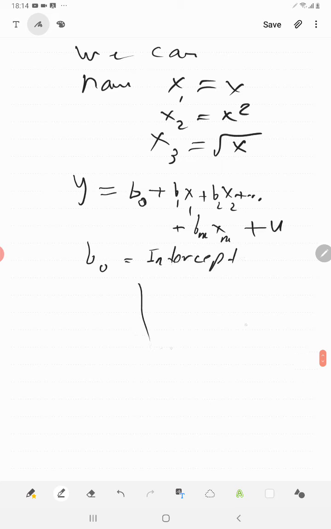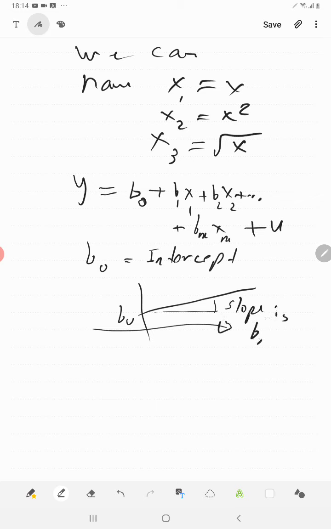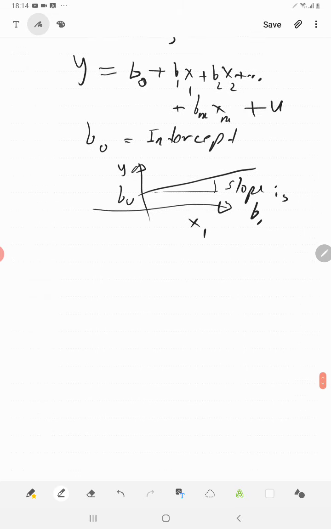For example, in this plot, this parameter is b naught, and the slope is b1, assuming a single parameter. Okay, we have only x1 and y. So b naught we name as the intercept.